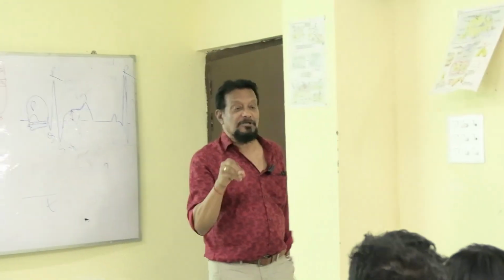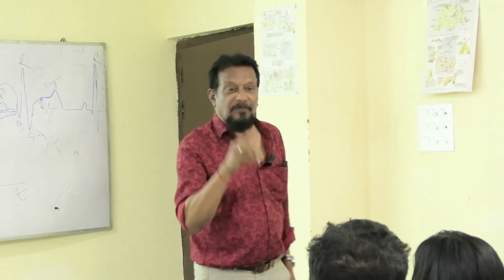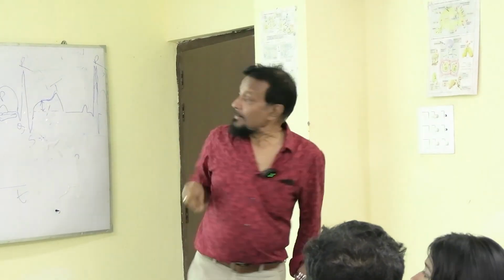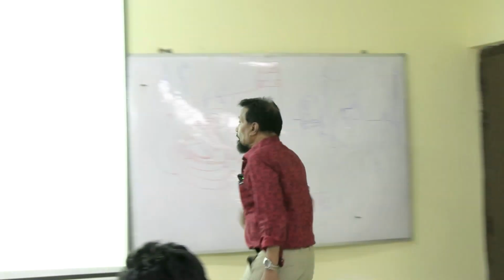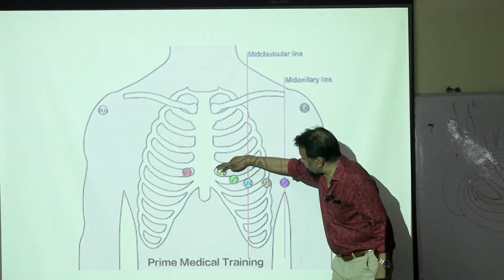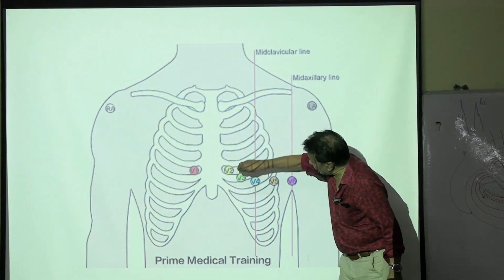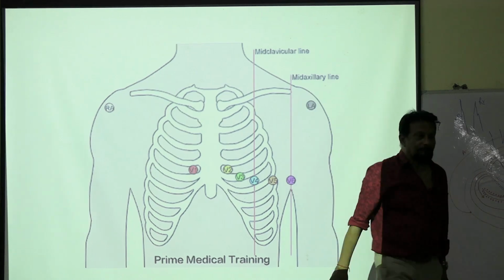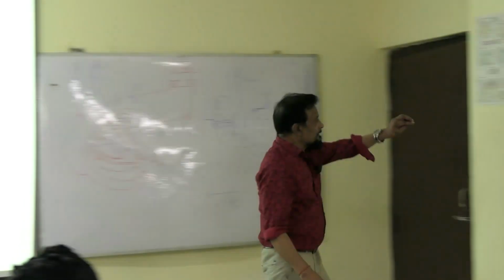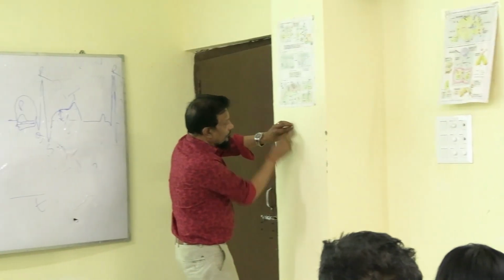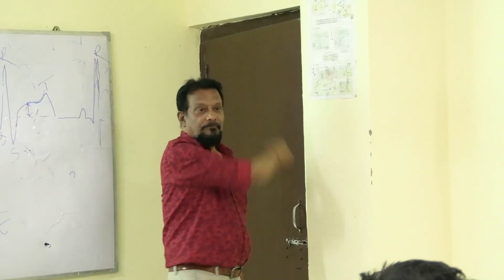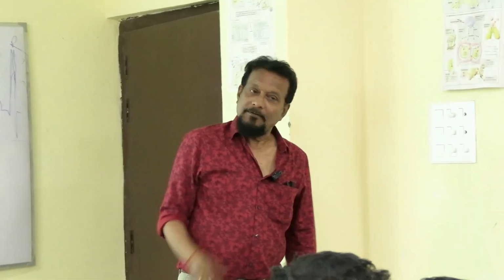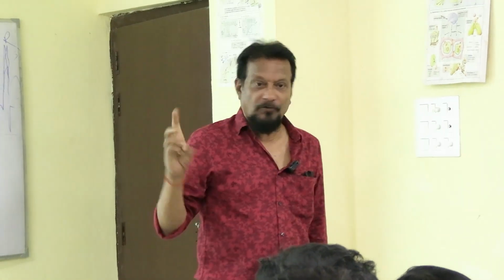This is the position of V4. Now you connect V2 and V4, and at the center you place V3. This is the place of V3. Okay, done? 1, 2, 3, 4 gone.